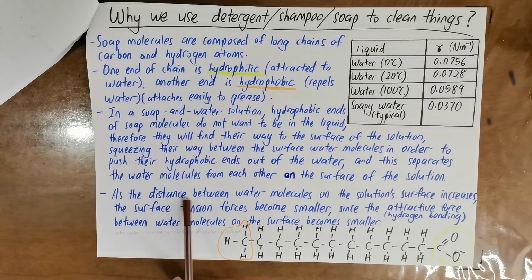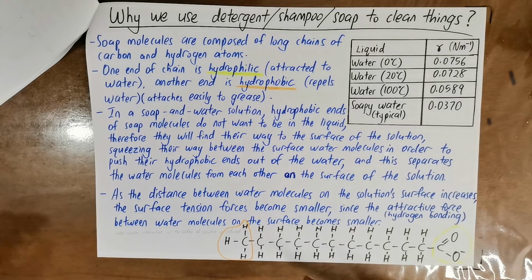So as the distance between water molecules on the solution surface increases, the surface tension forces become smaller. Hence, the attractive force, the hydrogen bonding between water molecules on the surface, becomes smaller.